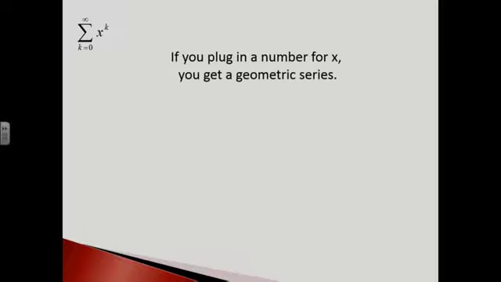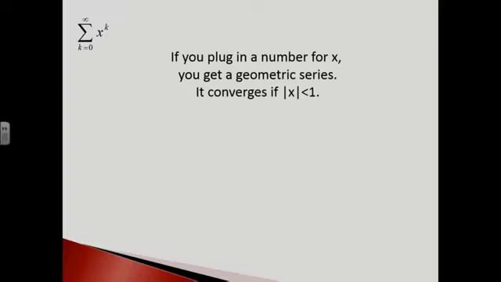We consider the power series sigma k from 0 to infinity of x to the power of k. For a specific value of x, this is a geometric series. As we have known, the condition for the convergence of a geometric series is that the absolute value of x is less than 1.